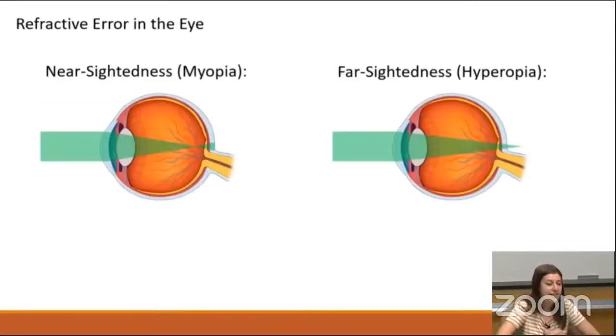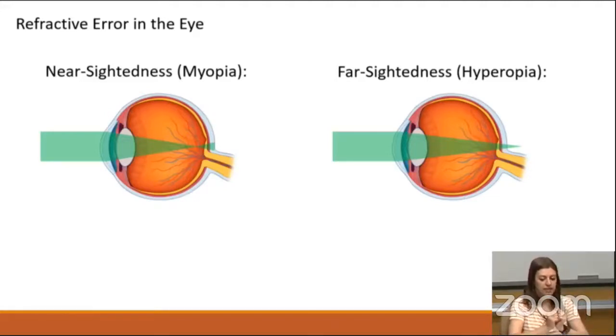If you can't see far away, you might be nearsighted, which is called myopia. Remember we were talking about how your lens can accommodate seeing things maybe close up, maybe far away, different distances. Well, people with myopia or hyperopia have a different eye shape to which the lens can't focus exactly on the retina.